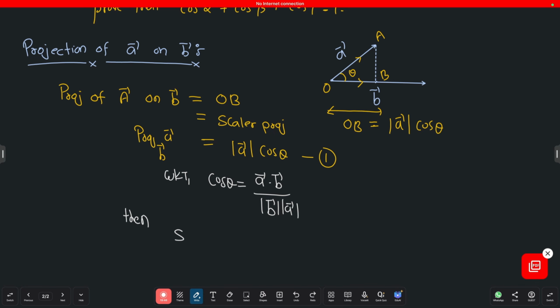Scalar projection equals mod A times A dot B upon mod A mod B. So mod A cancels, and the answer is A dot B upon mod B. This is the scalar projection.